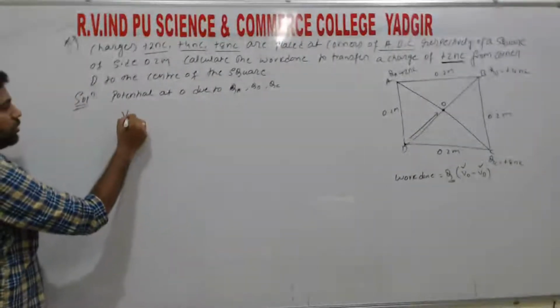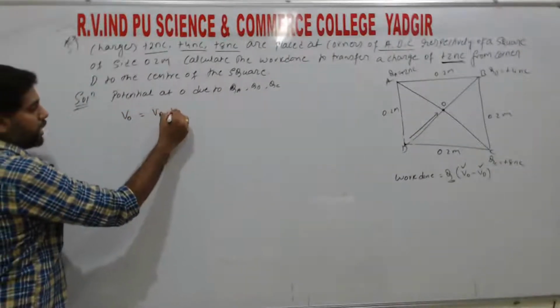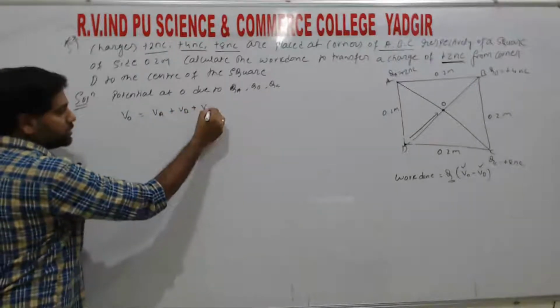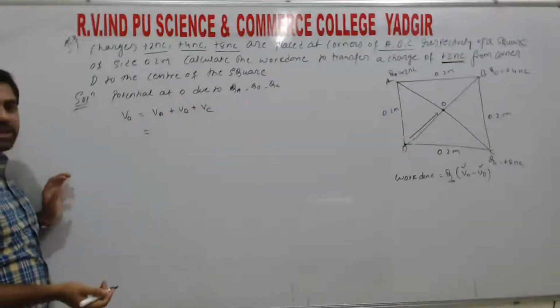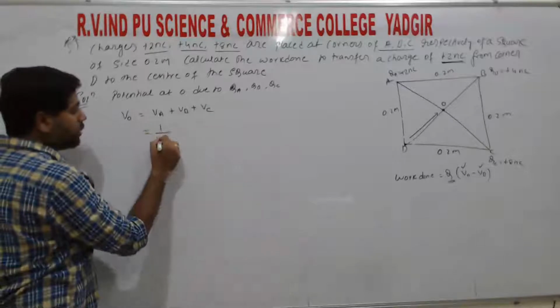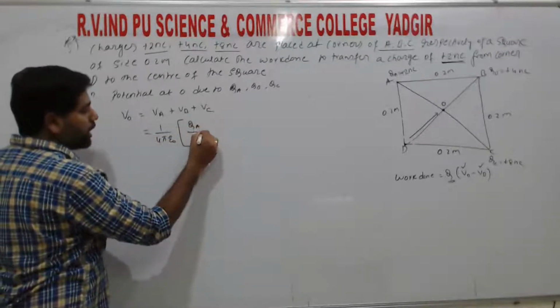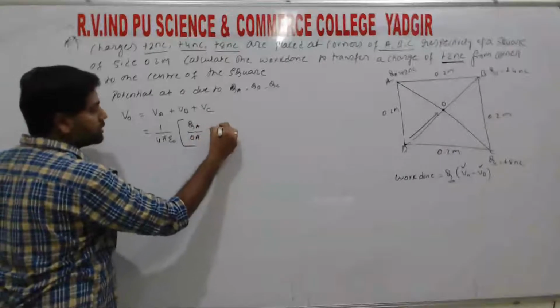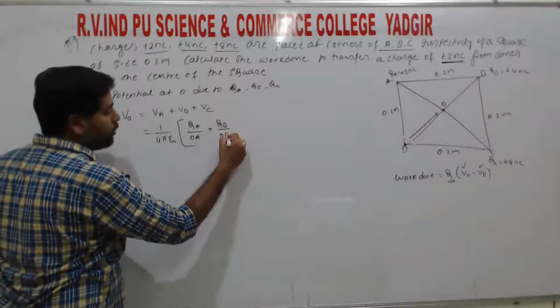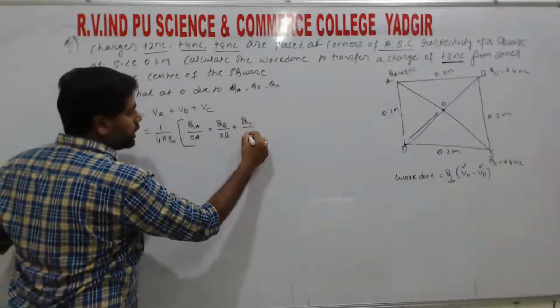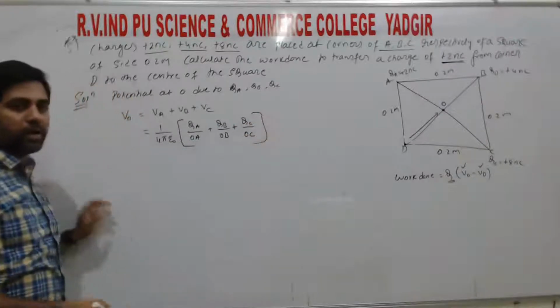So potential VO is equal to VA plus VB plus VC. Due to multiple charges we can write 1 by 4 pi epsilon naught into QA by OA plus QB by OB plus QC by OC, right?